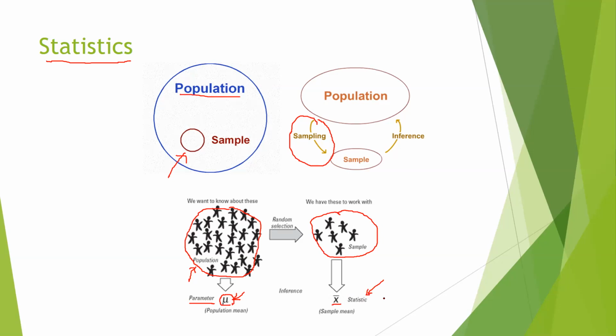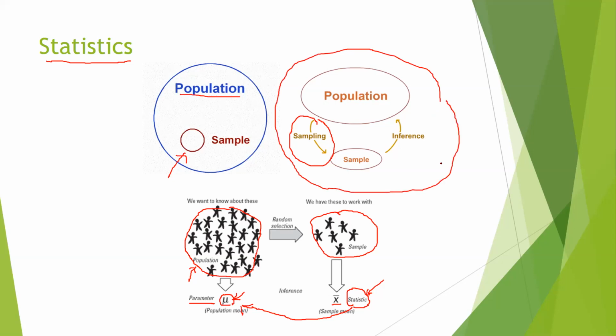So this is the definition of a statistic: if you take a random sample and calculate a summary score for the sample, then that summary score is called the statistic. You can use this statistic, which is summarized from your random sample, to infer the population parameter of interest. This whole process is called statistical analysis.